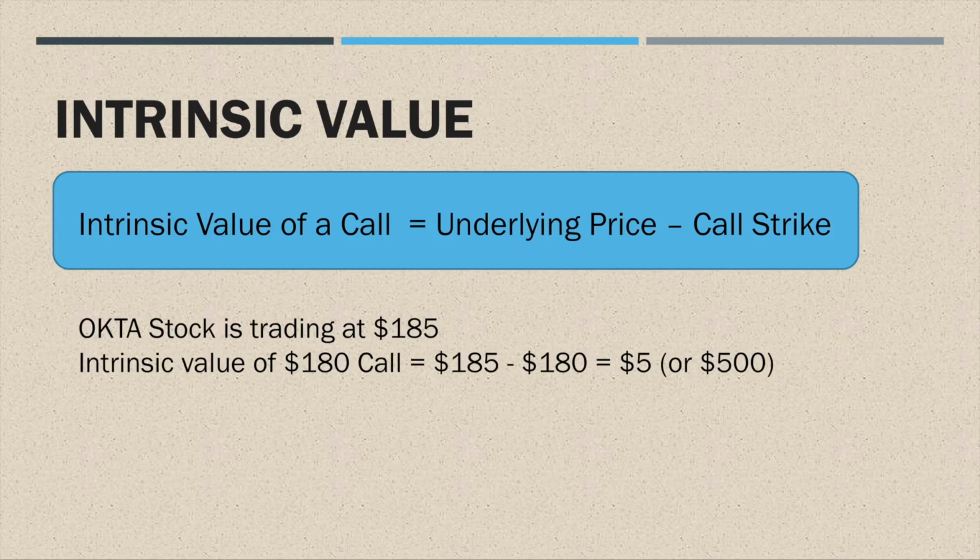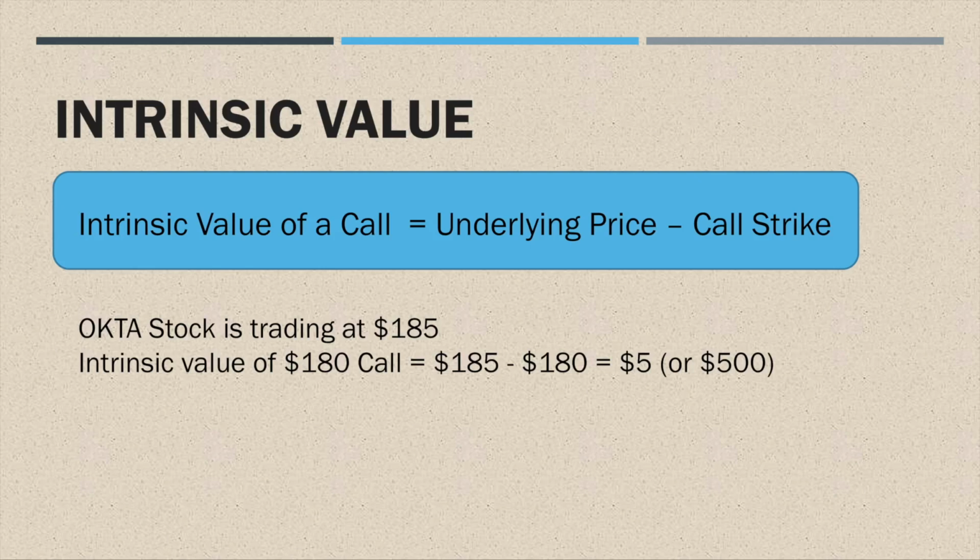Now, the first component of the pricing of the option is intrinsic value. Intrinsic value is super simple. There is nothing complicated about it. So let's talk about a call option. The intrinsic value of a call option would be just underlying price minus the call strike. Let's take the example of Okta.